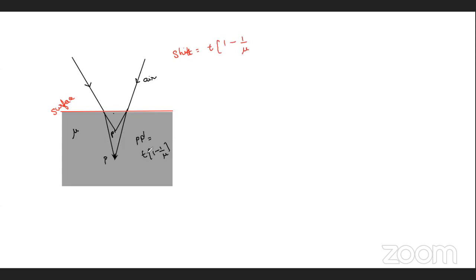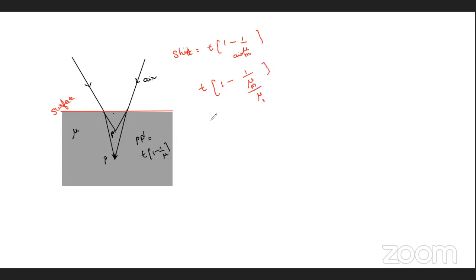Mu means you have to understand that we wrote this is the refractive index of the medium with respect to air. Am I right? If it is not air, what should I write? 1 by mu of this medium with respect to air means divided by that other medium.